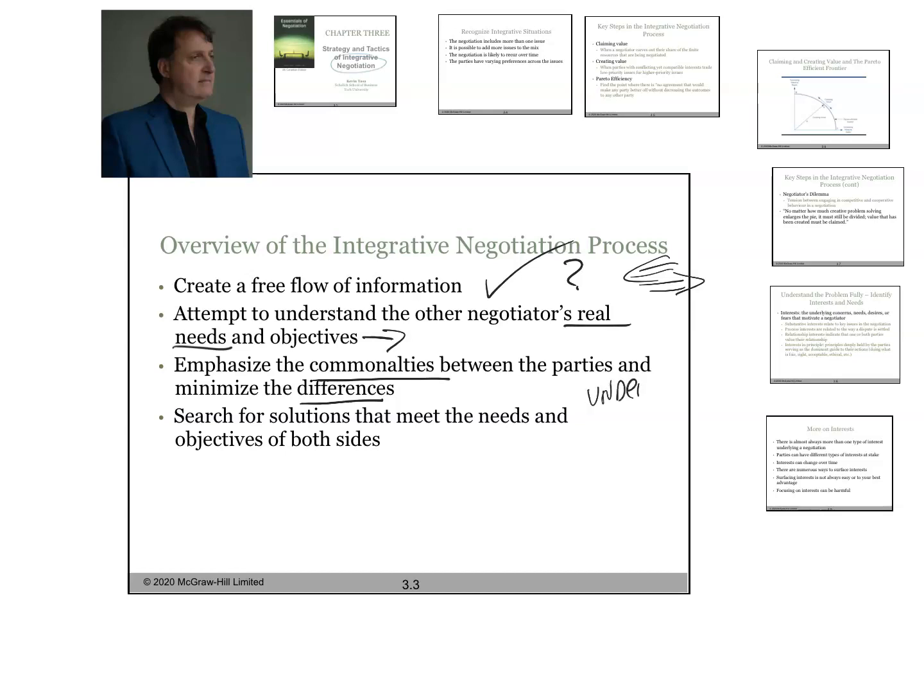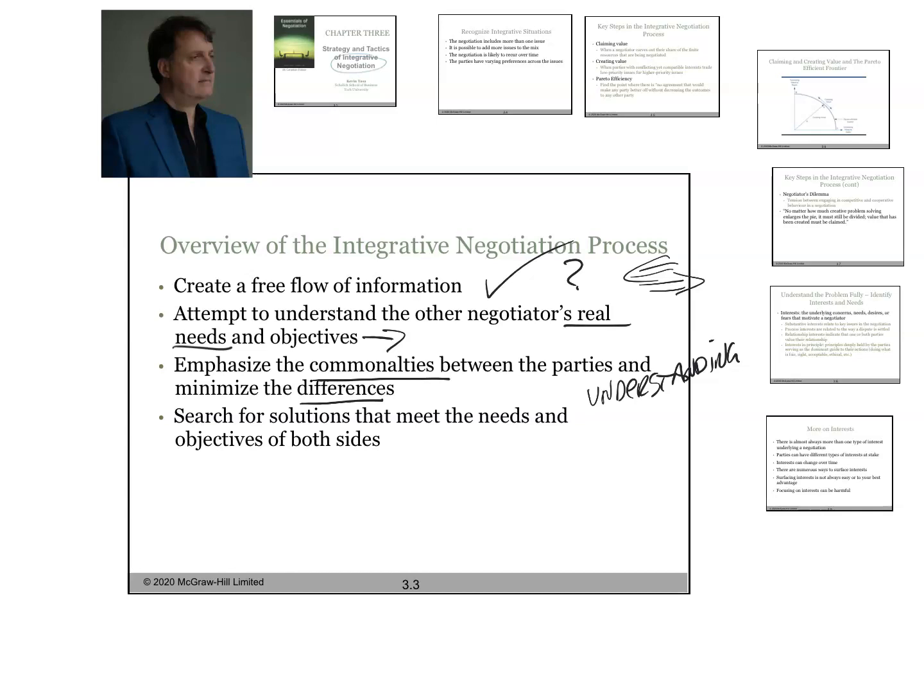And this is a word we're going to come back to over and over again. Understanding each other and ensuring that you are also understood. And so this exchange of information, looking for commonalities and slowly reducing the differences, especially differences in perception, go a long way to developing and creating great, mutually satisfying agreements.